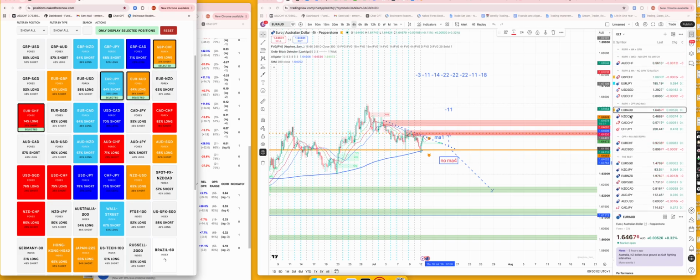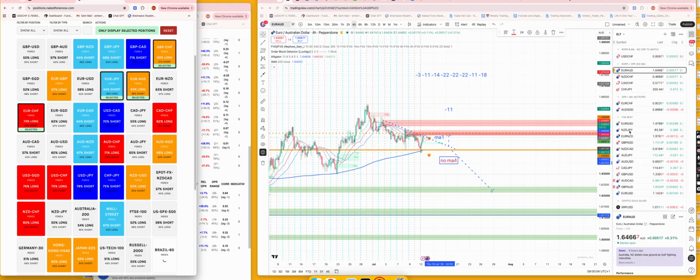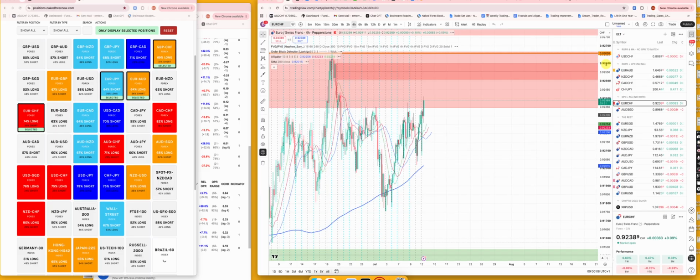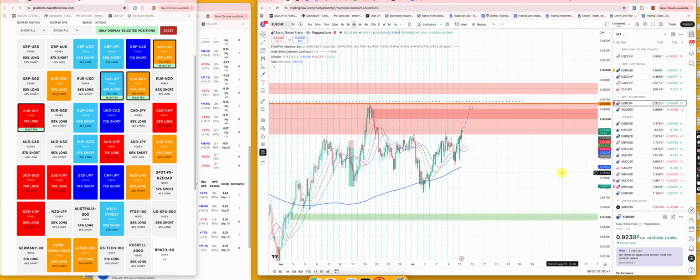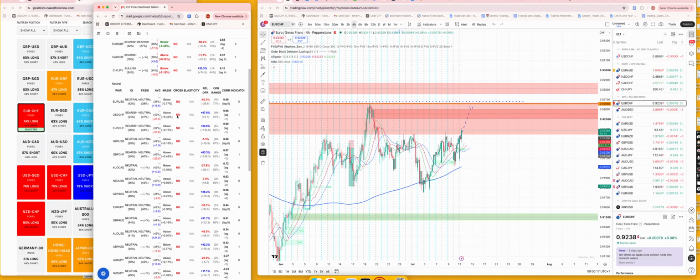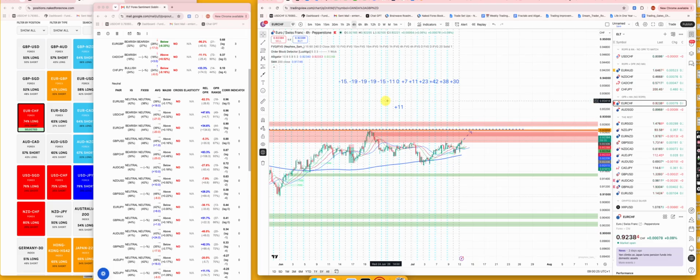Where are we on the Euro Swiss? So again, bearish, neutral, bullish, plus 34. Let's just put that in. Okay, it's getting very bullish, isn't it? And why? Why would we say that?